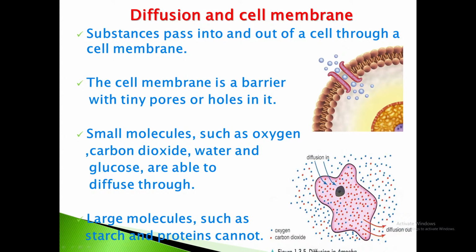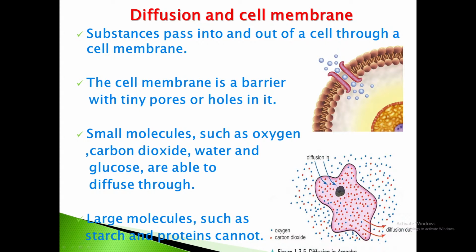When you look at the image properly, you will realize that you have more blue dots outside the cell versus the amount inside the cell. Because you have more outside, outside of the cell is the place of high concentration for the oxygen. That is why it's going to diffuse in.